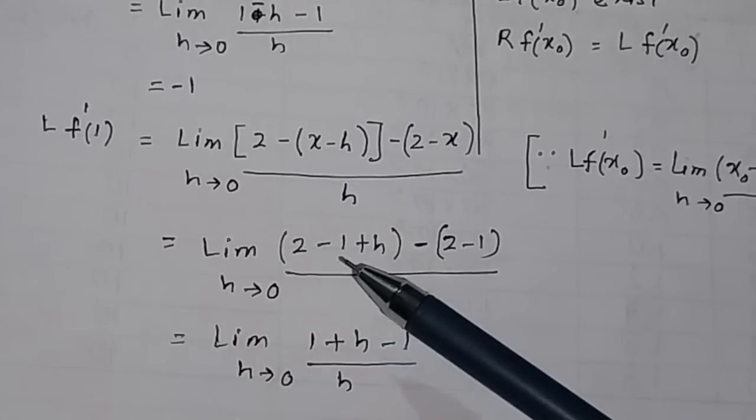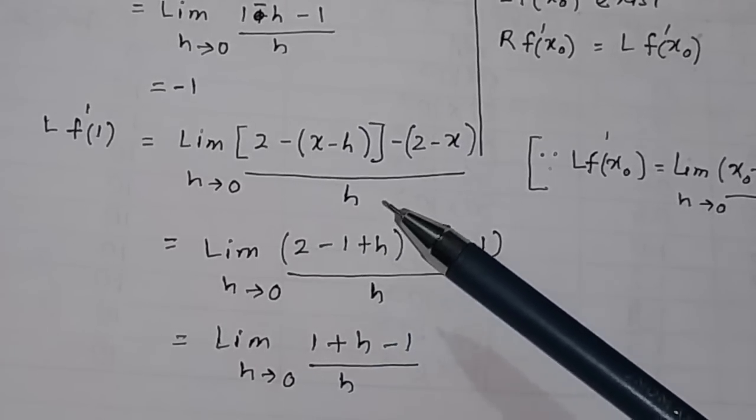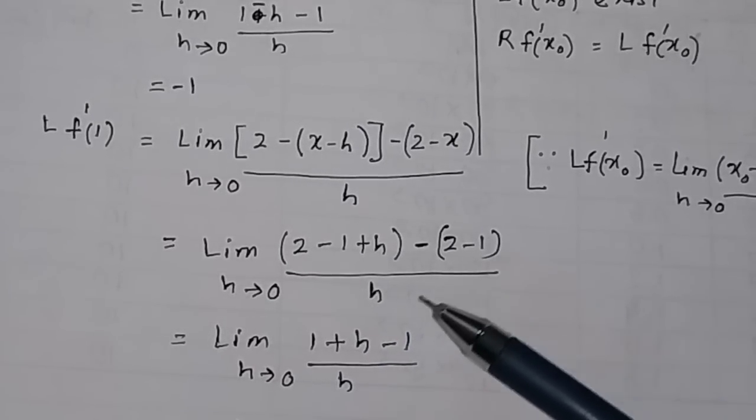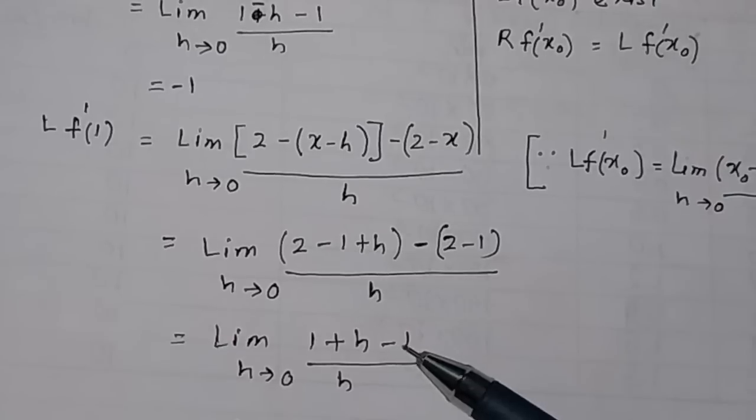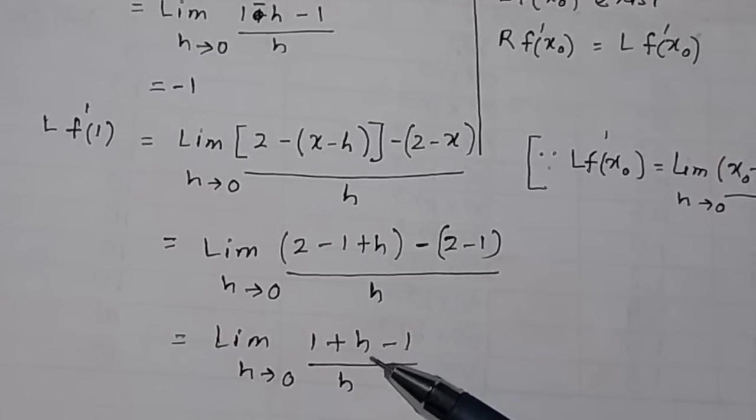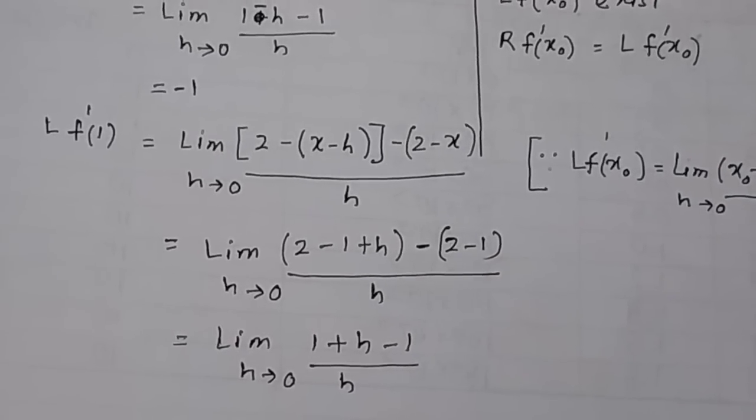So limit of 2 minus 1 plus h minus (2 minus 1), divided by h, which is 1 plus h minus 1 cancels, so h divided by h, which is equal to 1.